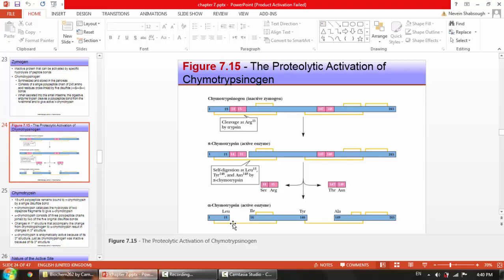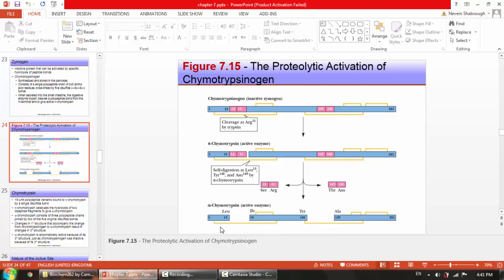The 2 dipeptide fragments are cleaved. The final form of the enzyme has 3 polypeptide chains, as you see here, but they are connected together by the 5 original and still intact disulfide bonds. Now we notice 3 of them are intra, meaning within the same chain, and 2 are inter disulfide bonds.